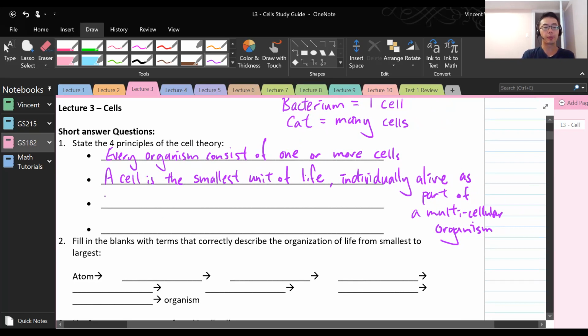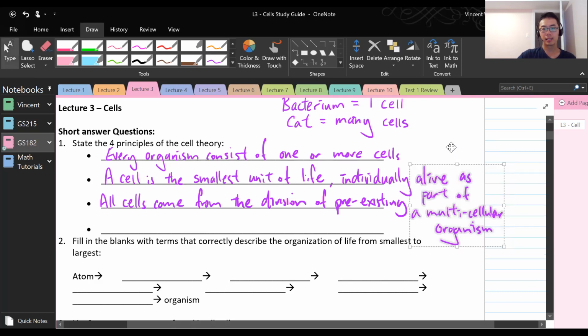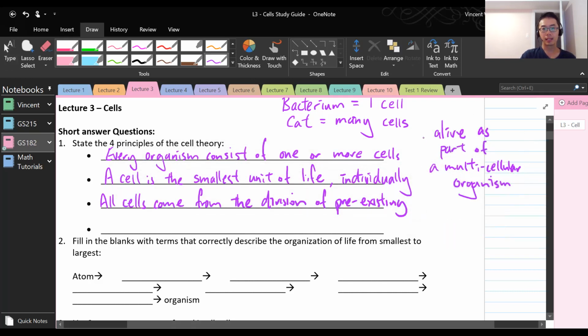Another point of the cell theory is that all cells come from the division of pre-existing cells.